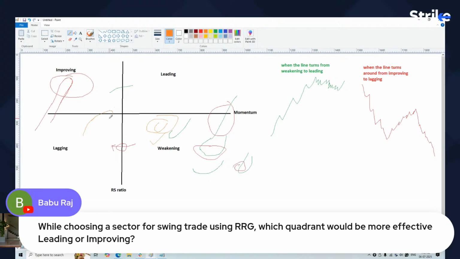Here, the risk is that if it turns around, that is where the risk is. But sometimes, if this is going to break into the leading quadrant, which we don't know right at the start, we try to spot the turnarounds. So this can be more rewarding, especially if it breaks into the leading, because that's where you literally caught it when the turnaround was happening.